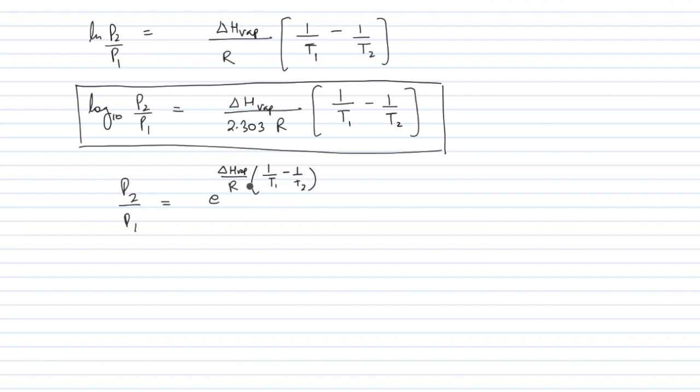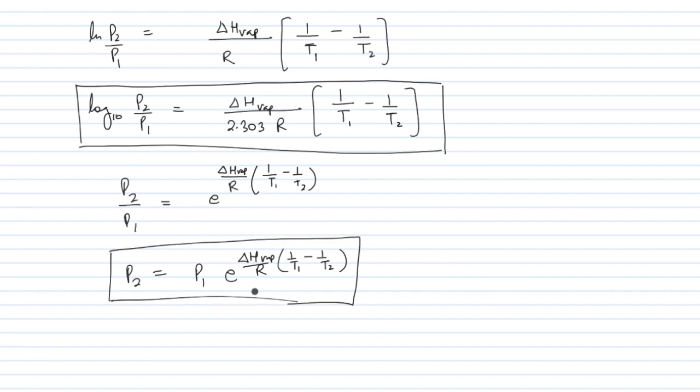So this is also one of the forms, or you can write down that P2 is equal to P1 e to the power delta H of vaporization divided by R, and in the bracket it's 1 by T1 minus 1 by T2. So remember, all these things are in the power of exponential. So this is also one of the forms of it, that is called the exponential form. This came from this equation where I have just removed this ln and taken all this term to the e to the power. Okay, so these were some of the forms of your Clausius Clapeyron equation.